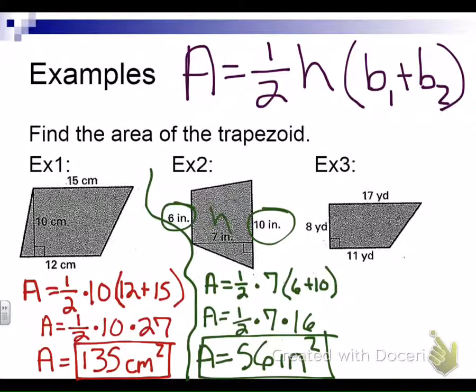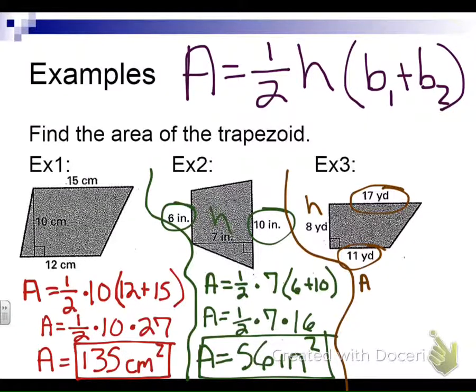Any questions? Am I moving too fast? No? Okay. All right, what are my bases in example 3? 17 is a base and 11 is a base. 8 is my height.